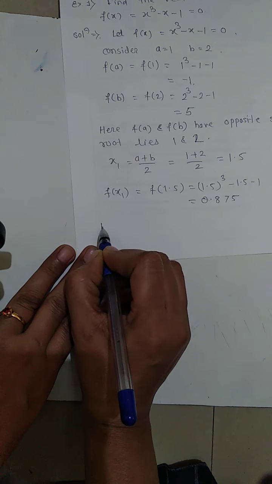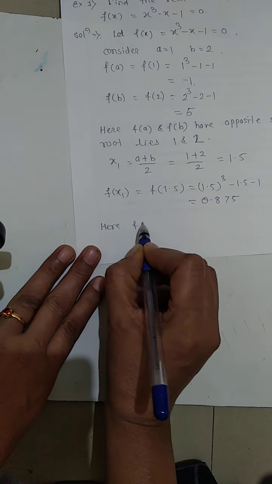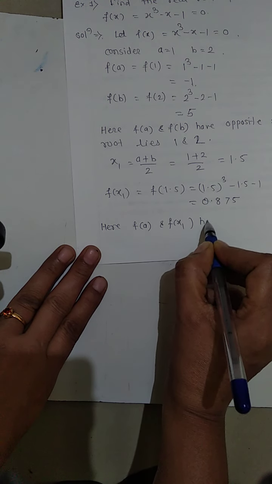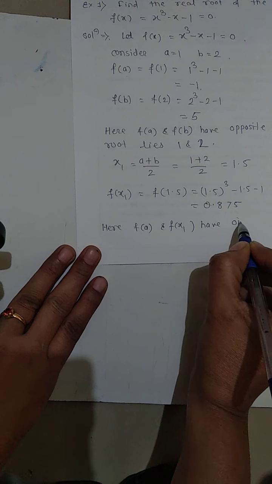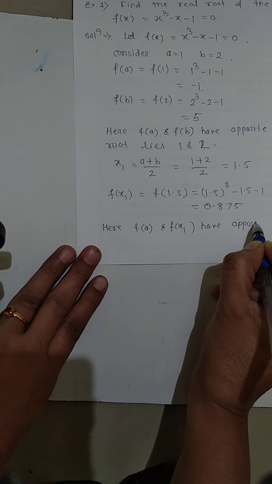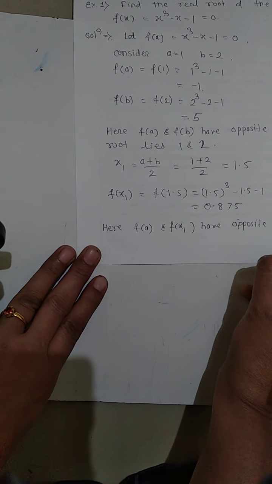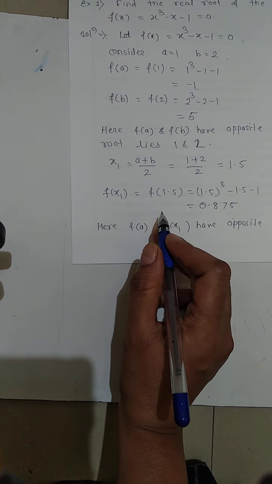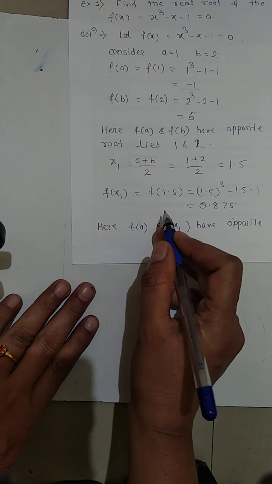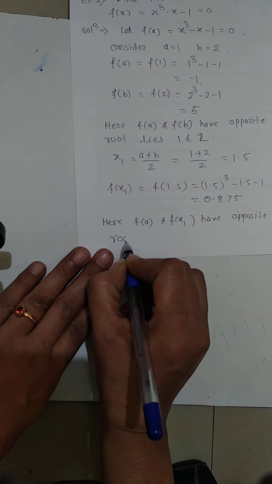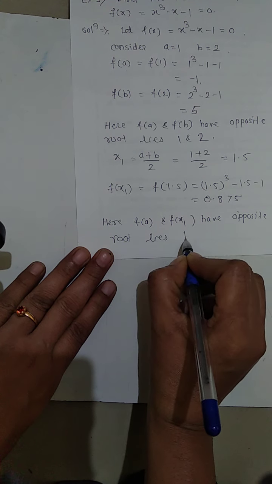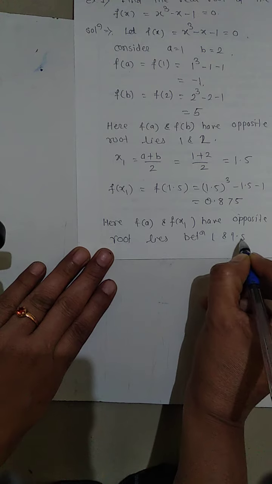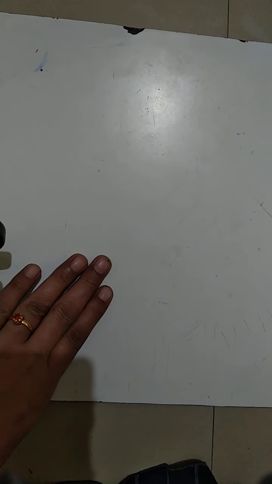Here we see that f(a) and f(x1) have opposite signs. And hence the root lies between a and x1, that is, the root lies between 1 and 1.5. Again the same procedure is used.